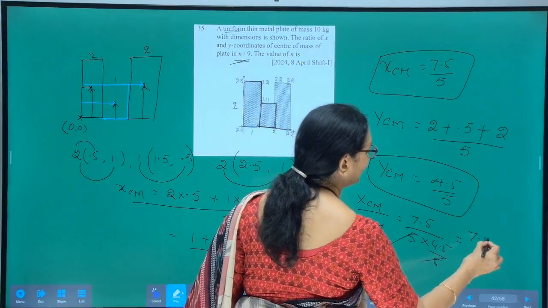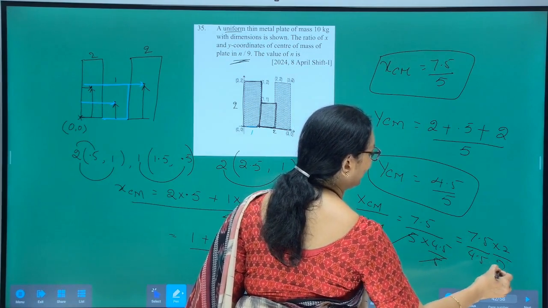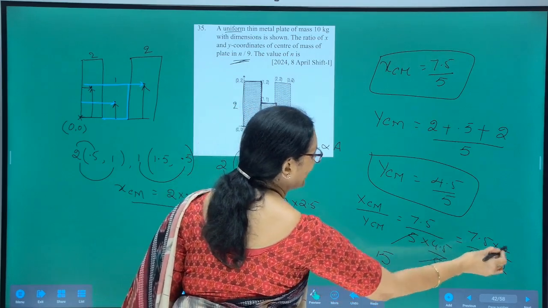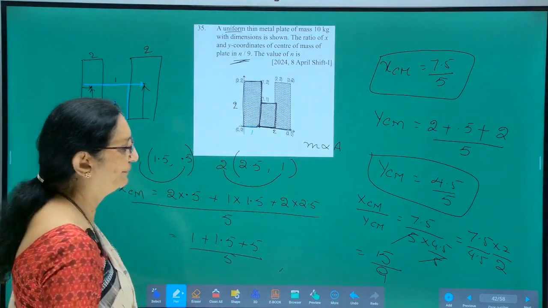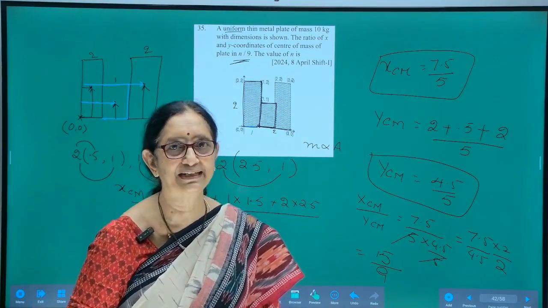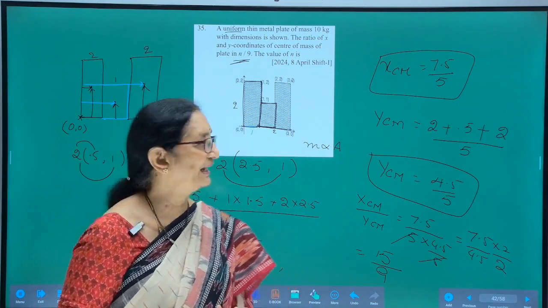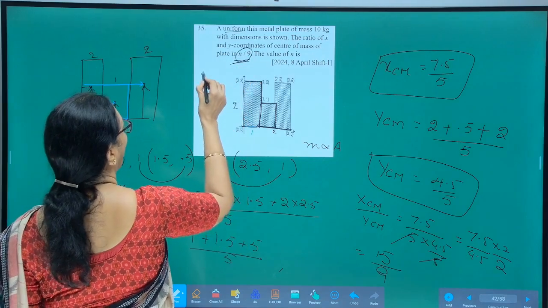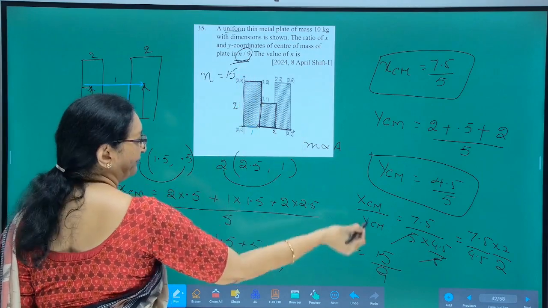So, if you multiply by 2 and divide by 2, 2 times 7.5 is 15, 2 times 4.5 is 9, so 15 by 9. So, the ratio of x coordinate of center of mass to y coordinate of center of mass is 15 by 9, but it is given as n by 9. So, in place of n, we got 15 here.